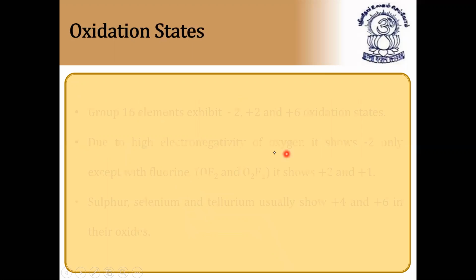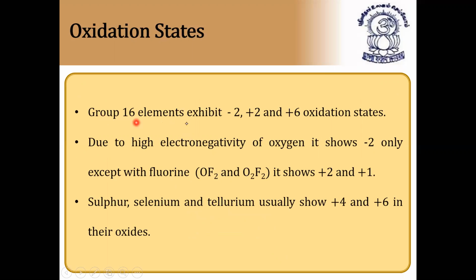Next, oxidation states. Group 16 elements exhibit oxidation states of -2, +2, and +6. I told you already, oxidation states in all the groups are very important because you'll get questions based on them.